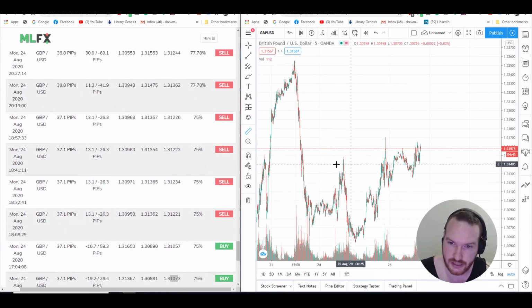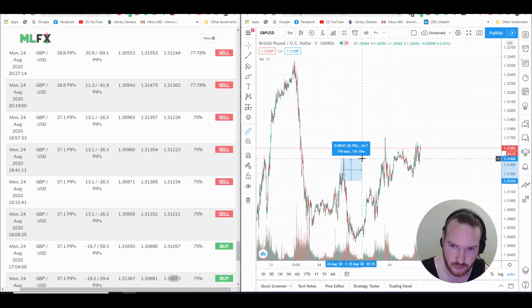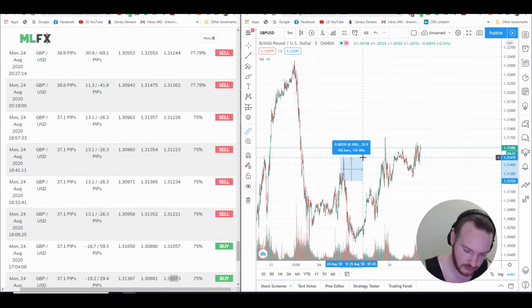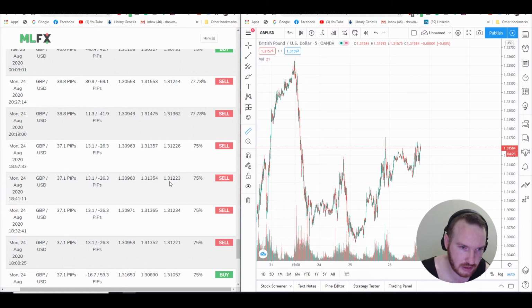Then we go to 1808, so probably around this level here, 31221. Around there it's a sell, it doesn't matter from one below, so that's definitely a loser. As is the one above it, and that one, and that one.